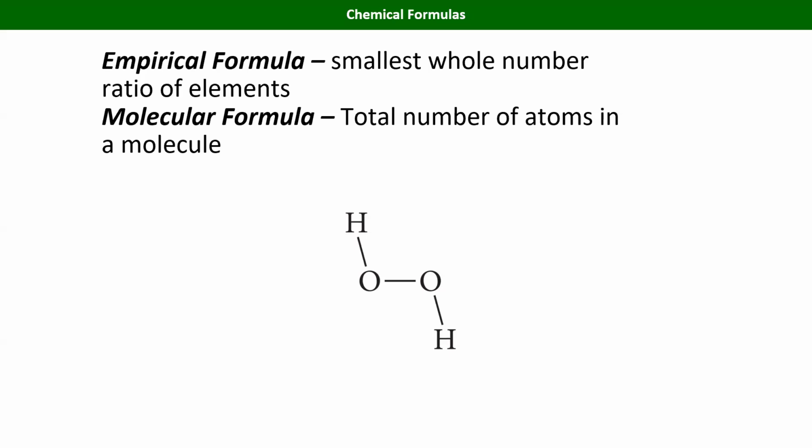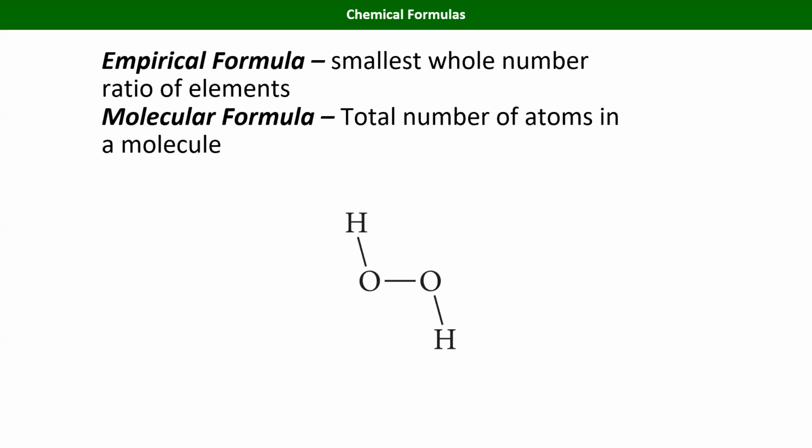The lowest whole number ratio is what's called the empirical formula. It's called that because one of the earliest ways we had of determining these things was to figure out the percentage by mass. If you knew the percentage by mass for a particular compound, then you could work out the lowest whole number ratio of these atoms. But it didn't necessarily tell you what the molecules looked like.